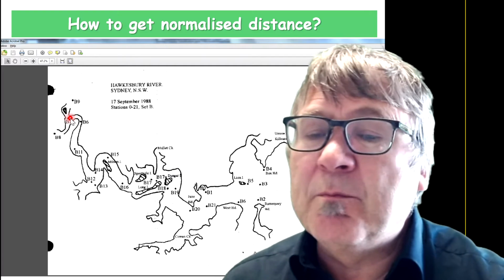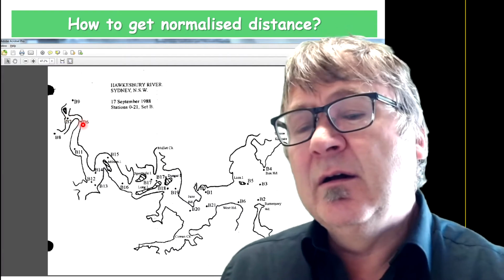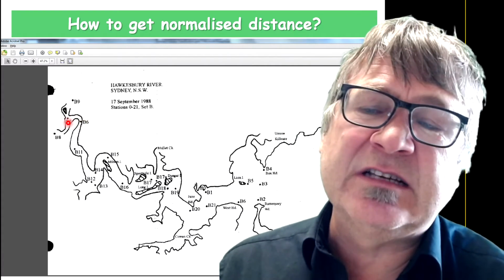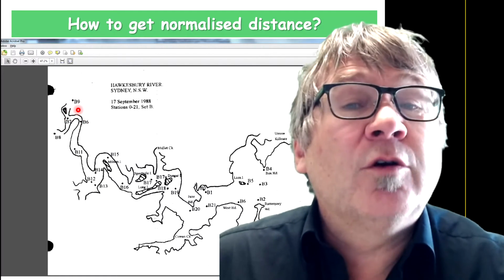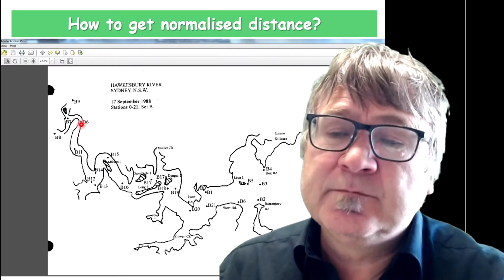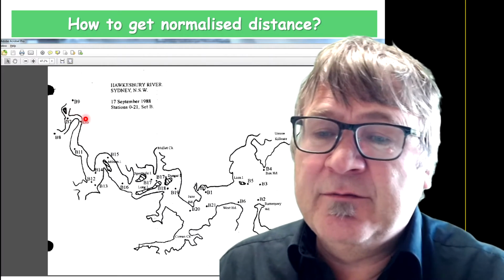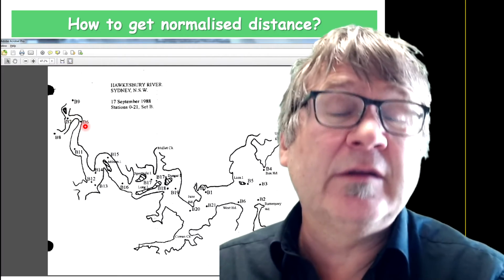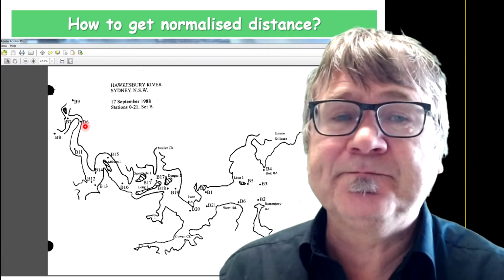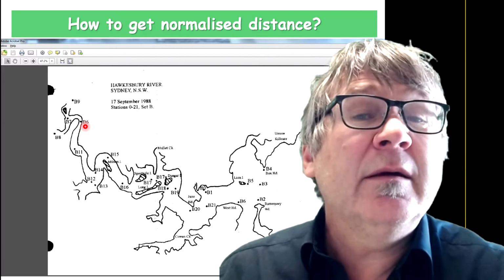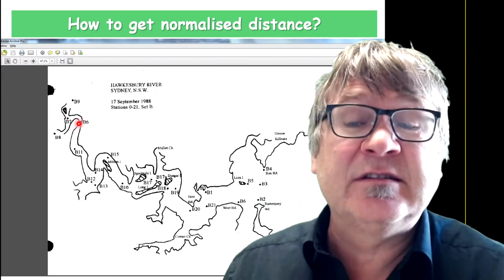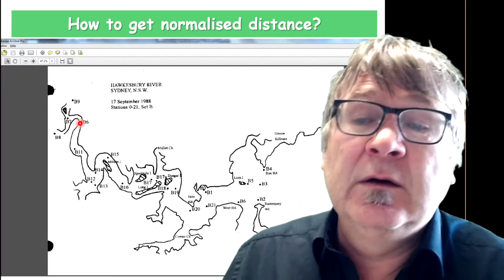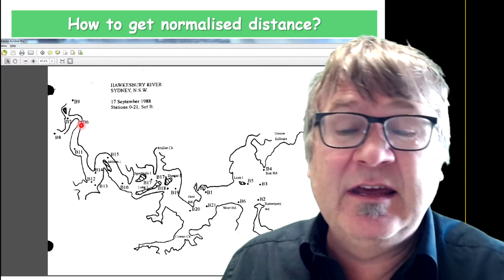So from B7 to B6, it's just less than 2 kilometers. You can use the curvimeter for that if you want to, but you can just estimate the distance. You can also work out the average salinity at this station.